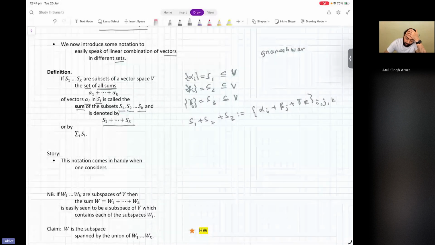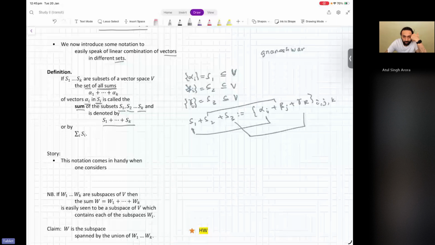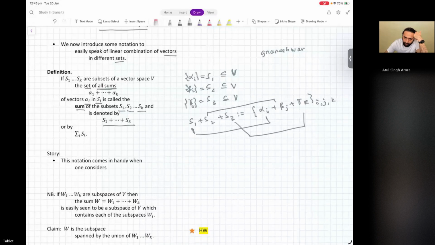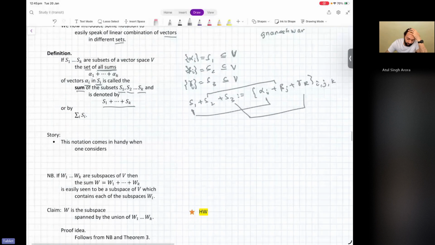You take one vector from the first set, one vector from the second set, one vector from the third set, and just add them up. You take them in all possible combinations, and whatever set you get is called the sum of the subsets. Is that okay? Tell me if something is not clear.